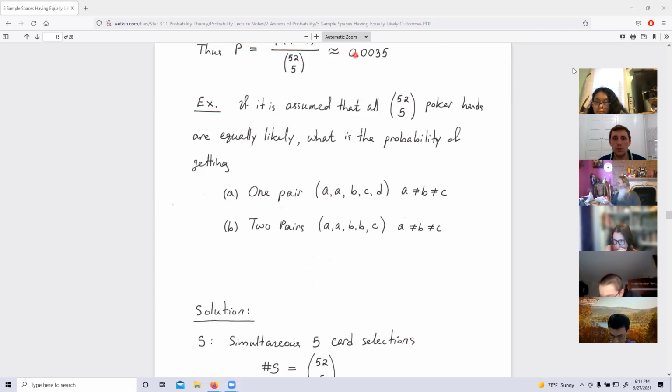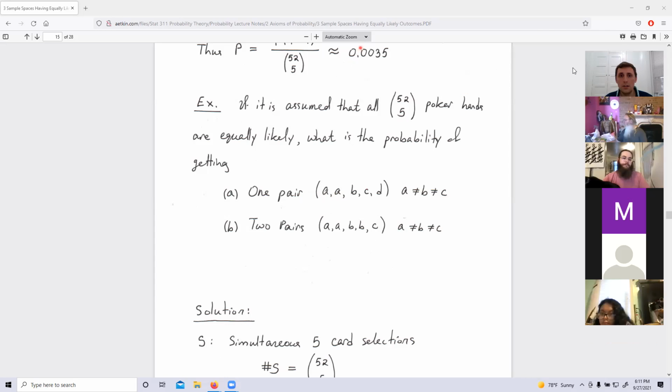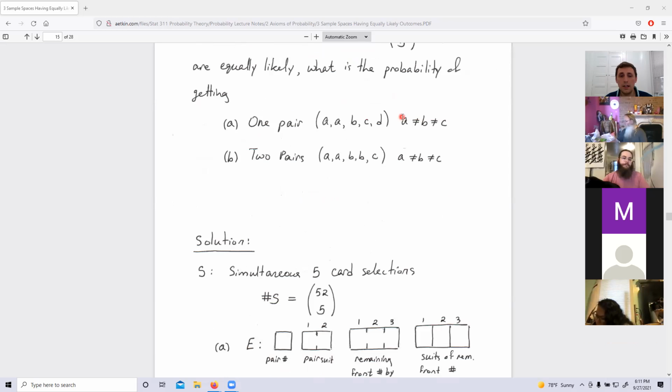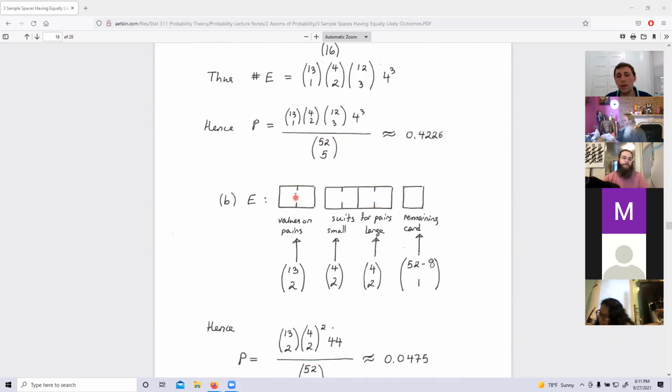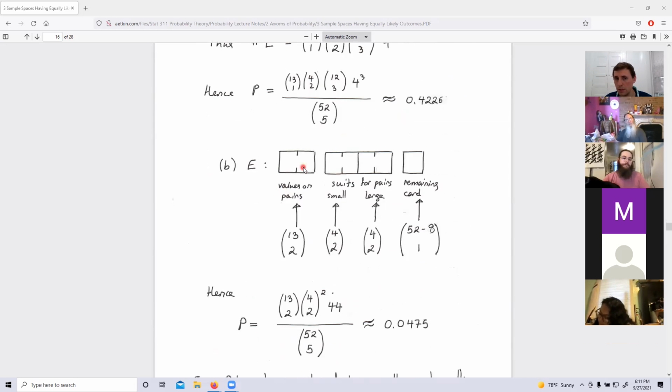All right, guys, let's do it together now. So again, what is my success protocol? So success protocol has values on pairs. Look at it, this is the way I decided to make it. First pair, smallest pair, and larger pair, and then the suits for the small pair and the suits for the large pair.